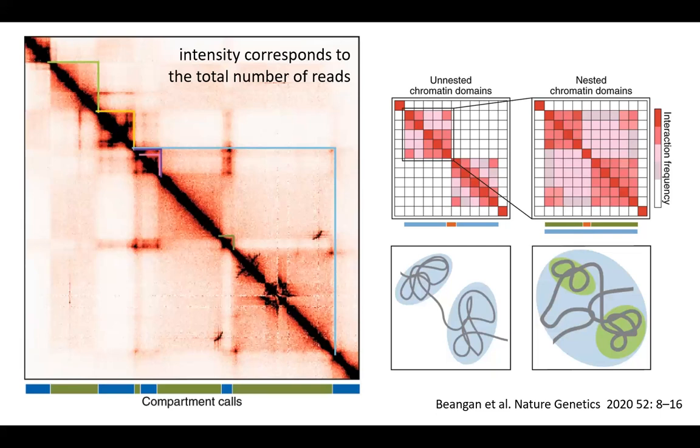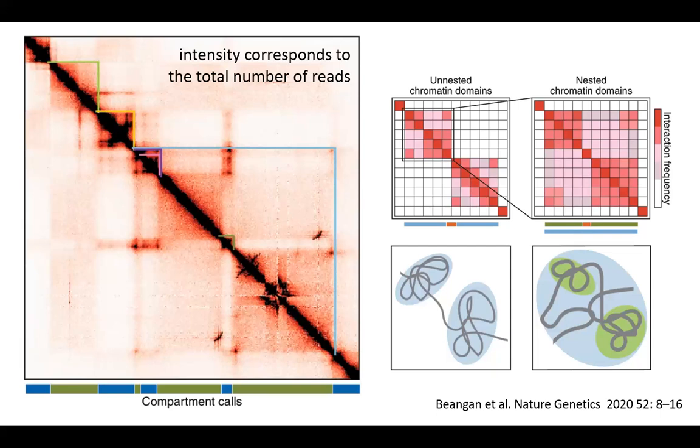So you get these, what people call domains. And these domains have nested structures so that you have a very light colored square, but then within a square you have a darker colored square. And that gives you this kind of nested domains where these parts of the chromosomes are all interacting with each other, but within this domain you have a subdomain that has even higher intensity of interaction going on.